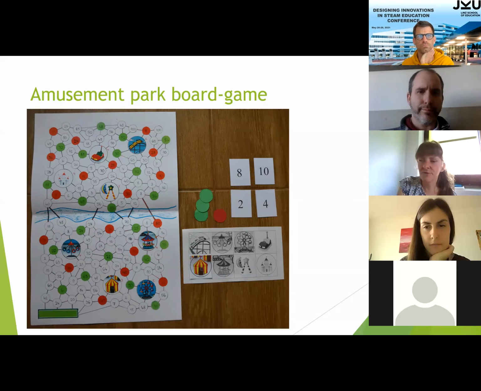Then I said we don't use cards, and they just have to say which two numbers give the result. And it was much faster, but I still considered it not fast enough.